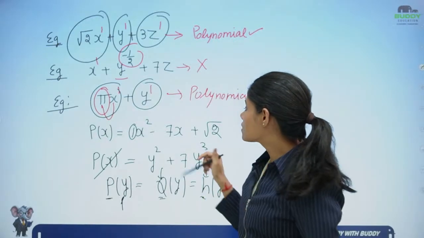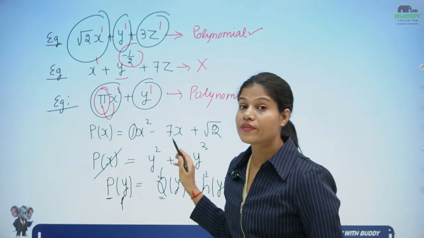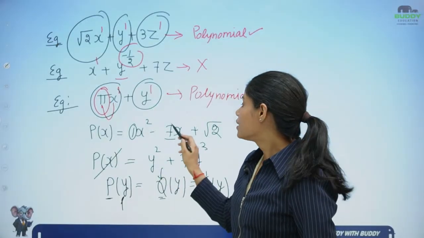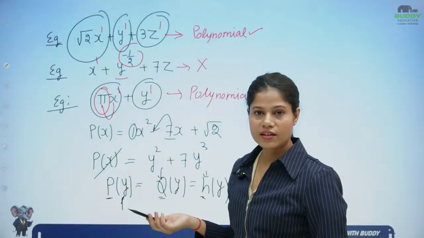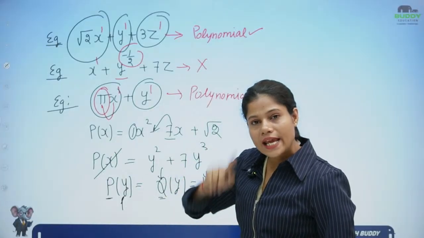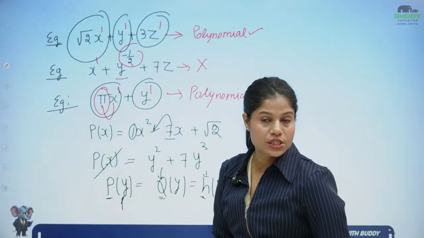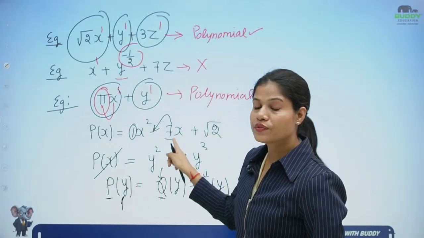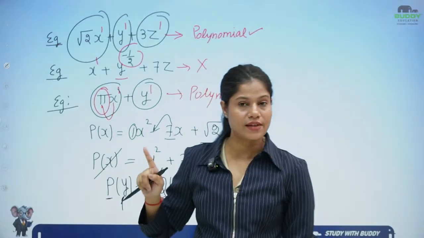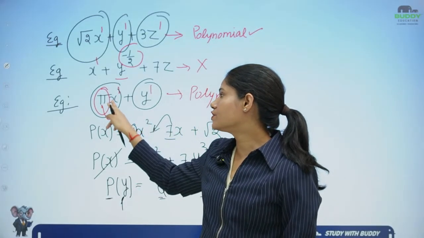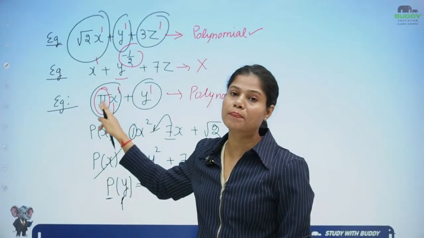Now if I ask what is the coefficient of x, so you can say 7, but the answer will be wrong because you are forgetting the sign right over here. So you have to consider the sign whenever you are talking about the coefficient, right? If I ask about the coefficient of x, you can't say plus 7, you have to say ma'am it's minus 7. If I ask the coefficient of x over here, you will say ma'am plus pi, right?